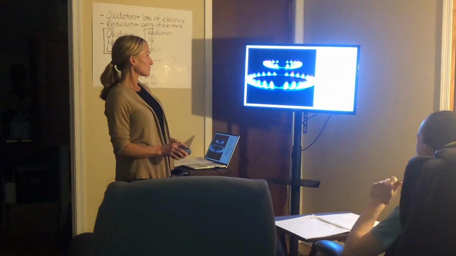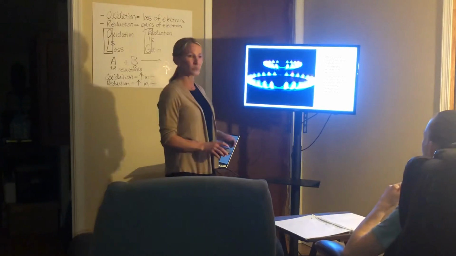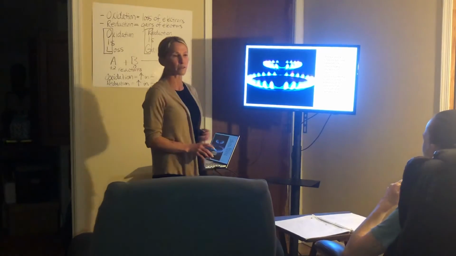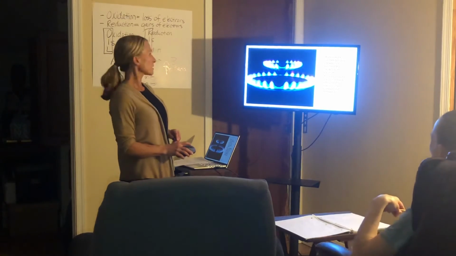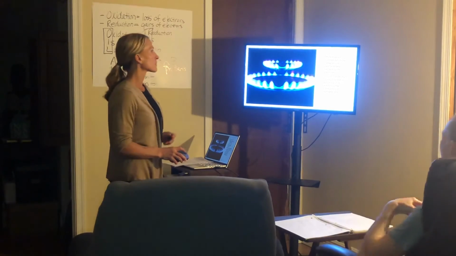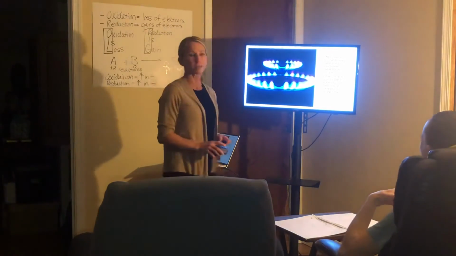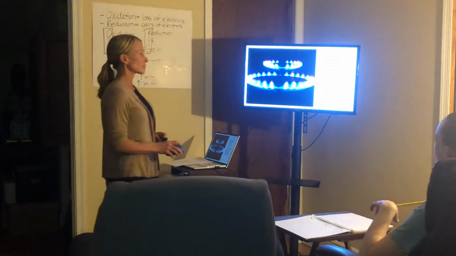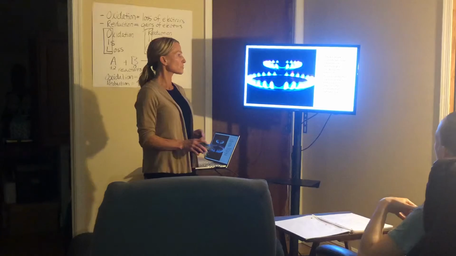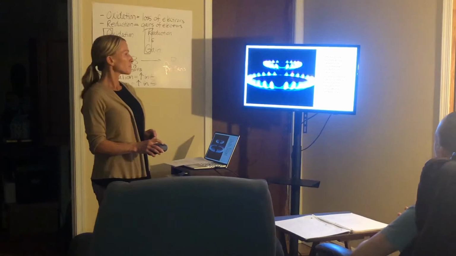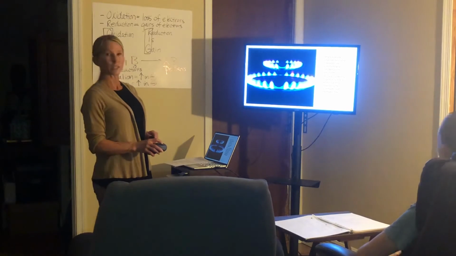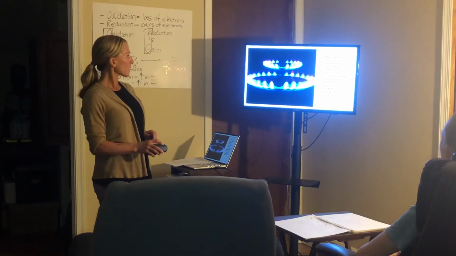Methane is a fuel like butane or propane, so they're all related. Carbon loses electrons and oxygen gains electrons. This is a combustion reaction in a non-living system. This reaction is the combustion of methane gas.